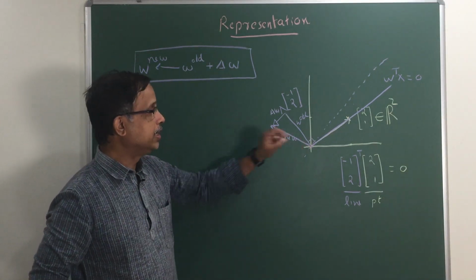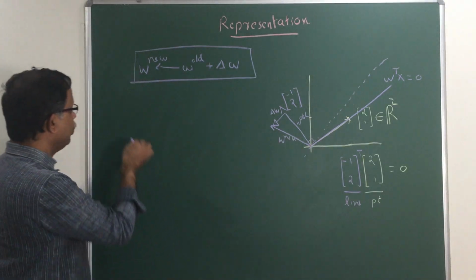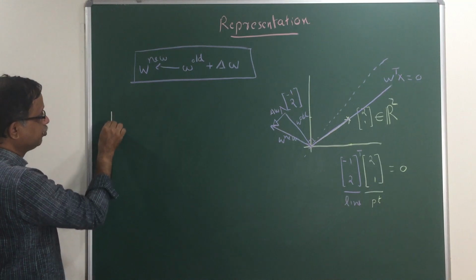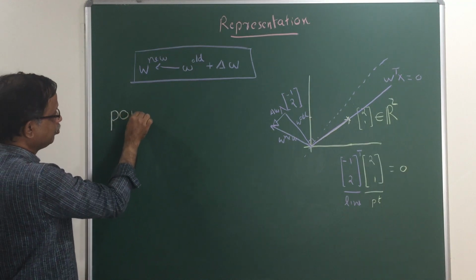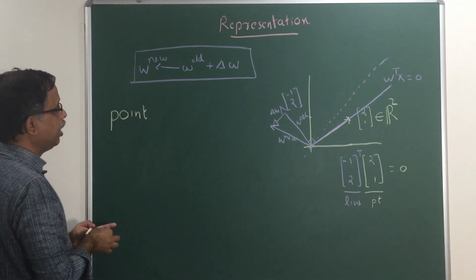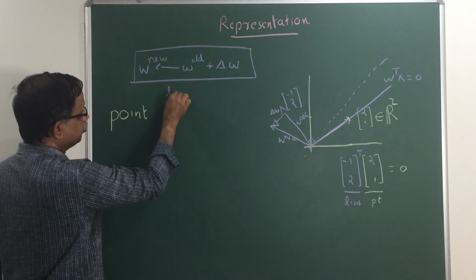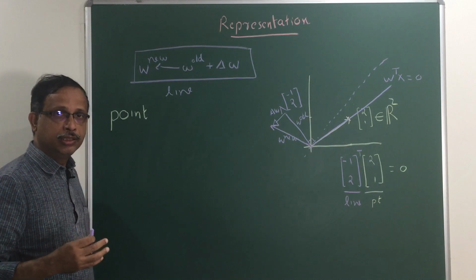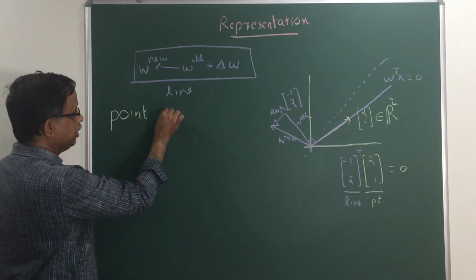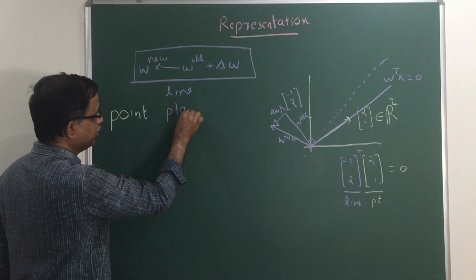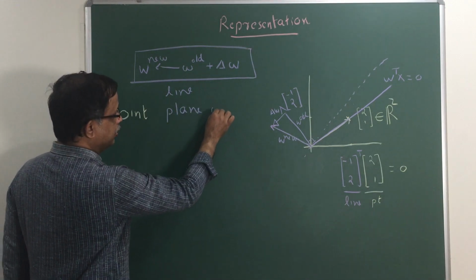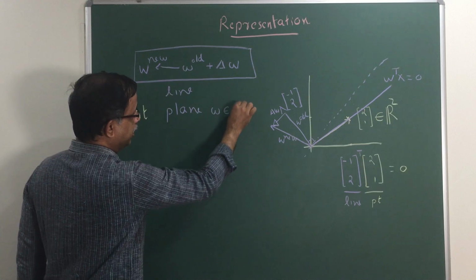Now we took this example in 2D. So we saw the example of a point and line. What about if the sample was in 3D? This should have been a plane. Say a W in 3 dimensions.